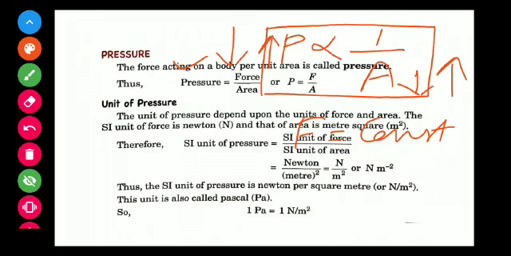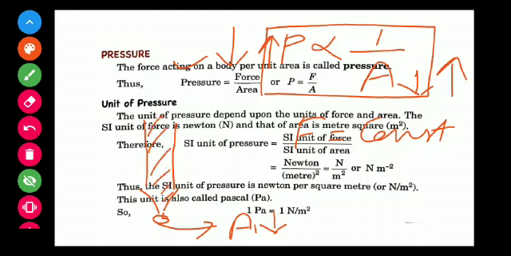Now, one example related to the relation between pressure and area. The tip of a pin is very pointed because we decrease the area. This is your pin or nail.